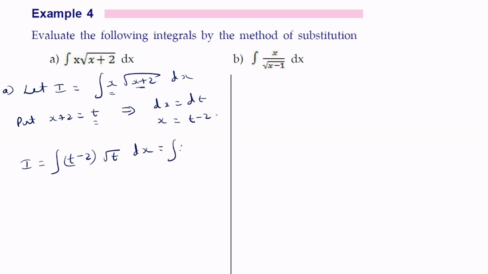So this is integral (t minus 2) into root t, which is t raised to 1 into t raised to half, so t raised to 1 plus half, which is t raised to 3 by 2, minus 2 t raised to half dt. Now we can integrate this.